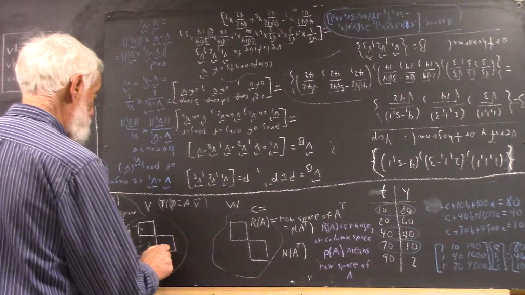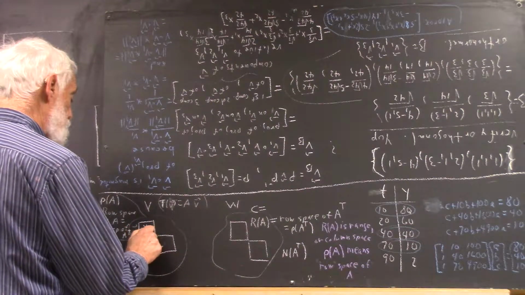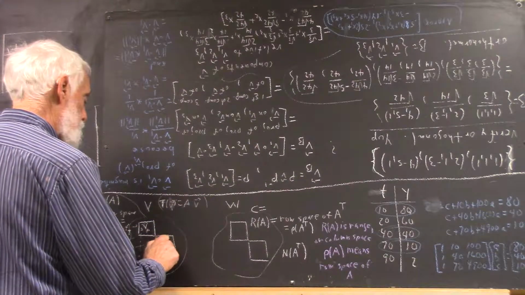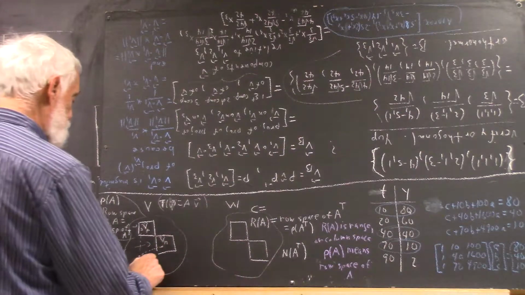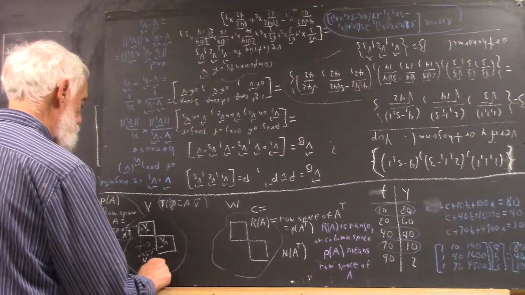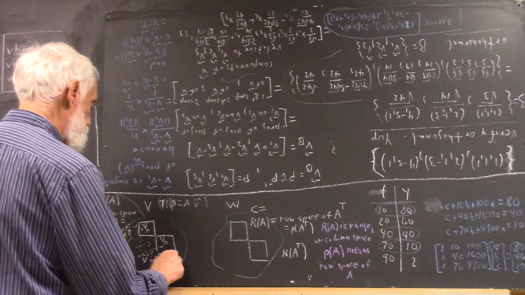I could call these vectors v sub rho and v sub n, so that v is equal to the unique sum v_rho plus v_n.